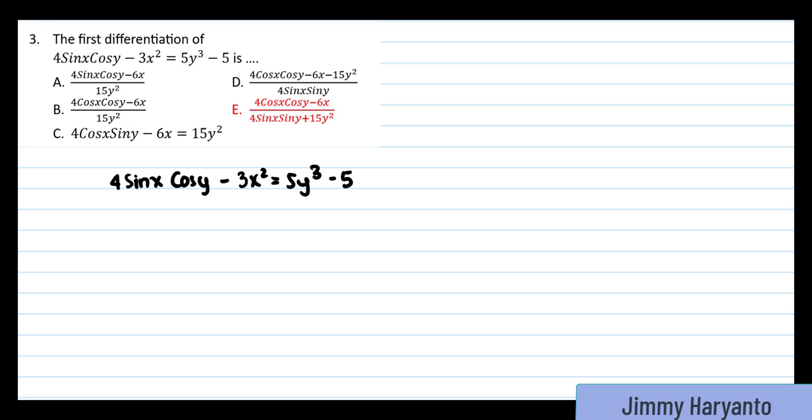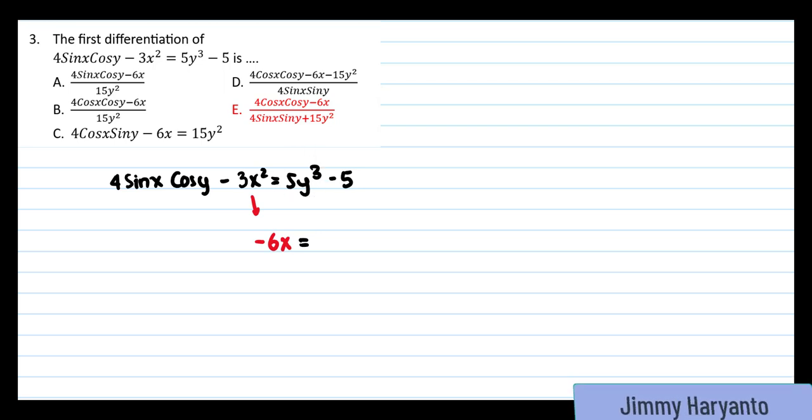Okay, the characteristic of implicit is we have x and y at the same time in one term. So for this one we can differentiate this first. Negative 3x squared, it will be easy. You will have negative 6x. Just differentiate it like usual, normally.